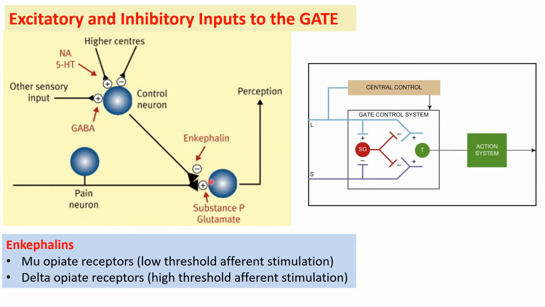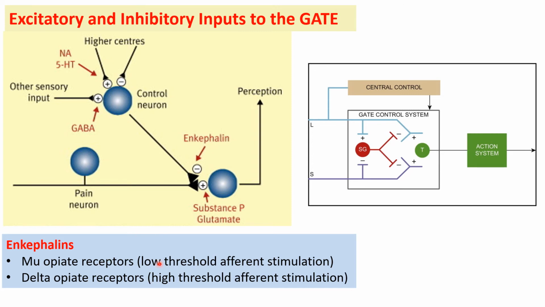Now in the gate here, the main transmitter is enkephalin, and this enkephalin mediates its action through the opiate receptors. These receptors are mu and delta opiate receptors. Now the A delta fibers primarily release glutamate at the terminal and the C fibers release substance P as a transmitter.